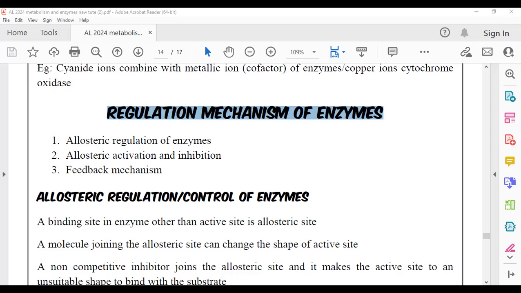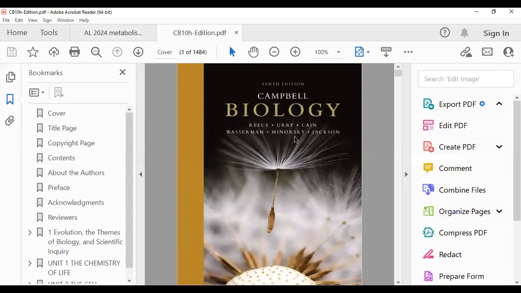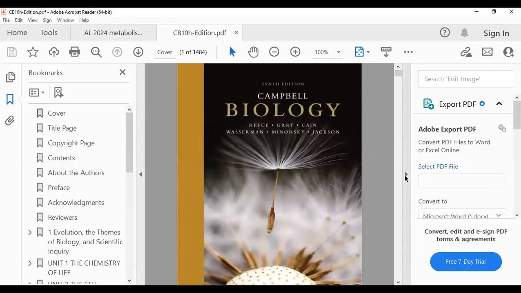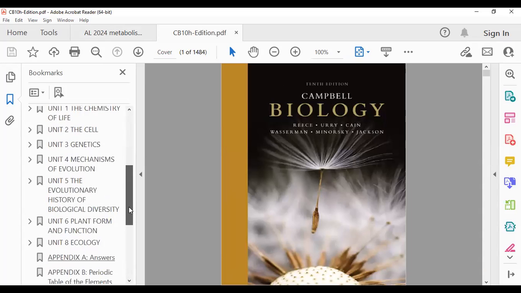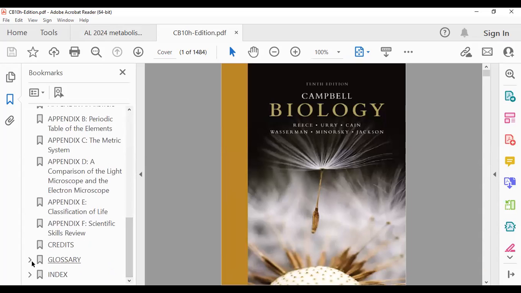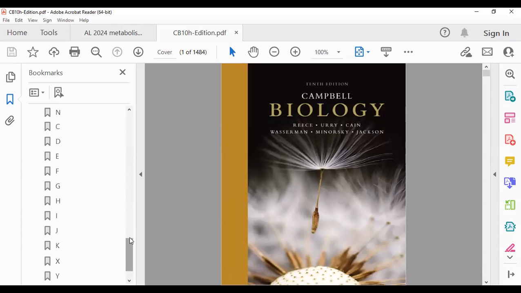Remember, all the enzymes are not called allosteric enzymes. One set of enzymes are there who can be called allosteric enzymes.